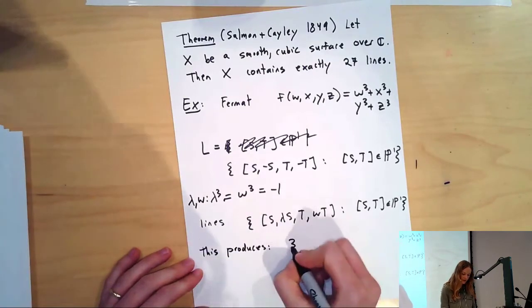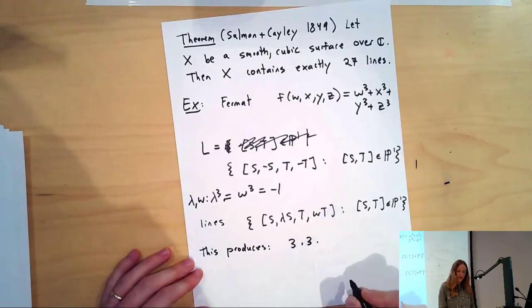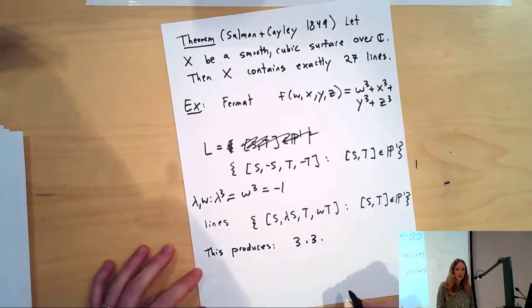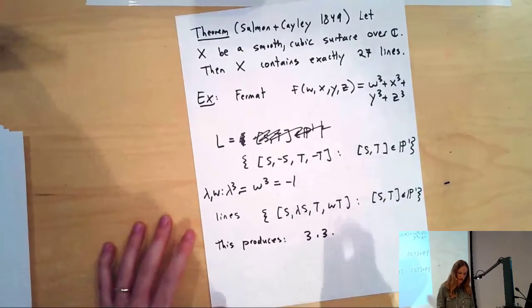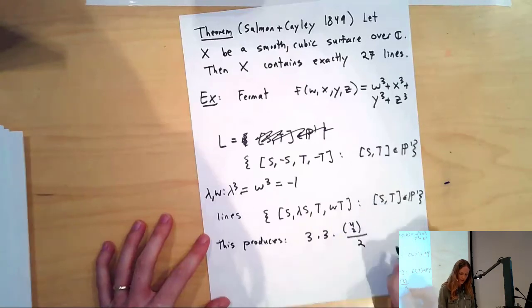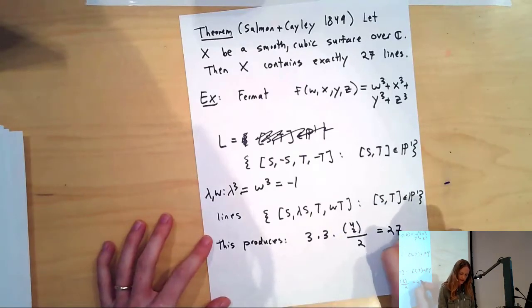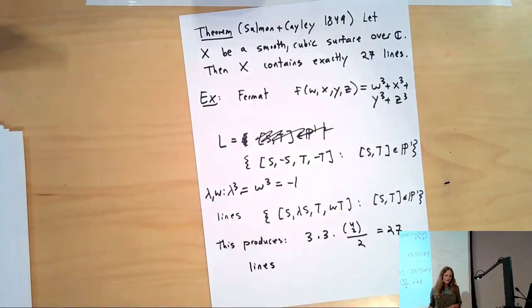We've got 3 choices for lambda and 3 choices for omega, and then when we pick which two are paired with each other, that gives us 4 choose 2 over 2, which is 27 lines total on the Fermat cubic surface.